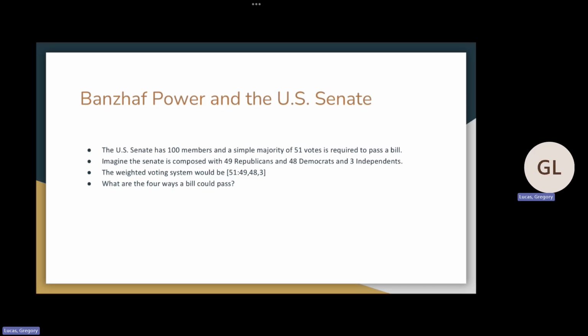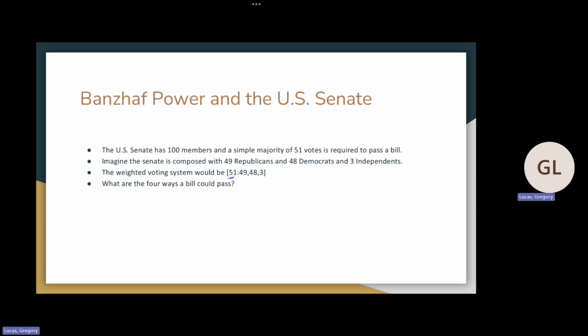So the voting system would be 51 as the quota, and 49, 48, and 3. So making a major assumption here that Republicans would all vote the same way, Democrats would all vote the same way, independents all vote the same way, which in practicality probably isn't true, but let's make that major assumption.